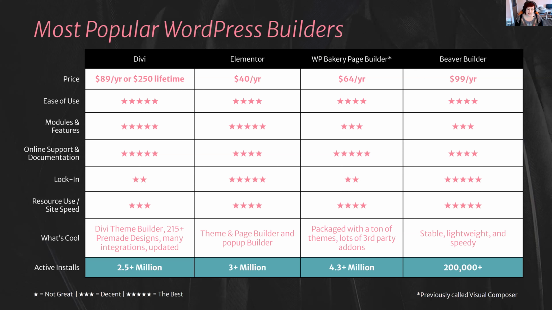However, you can use a Divi builder on other themes. However, I will say that, for example, when we tried to implement that into an Elementor-based theme, it didn't want to play nice. So it's not always going to work.